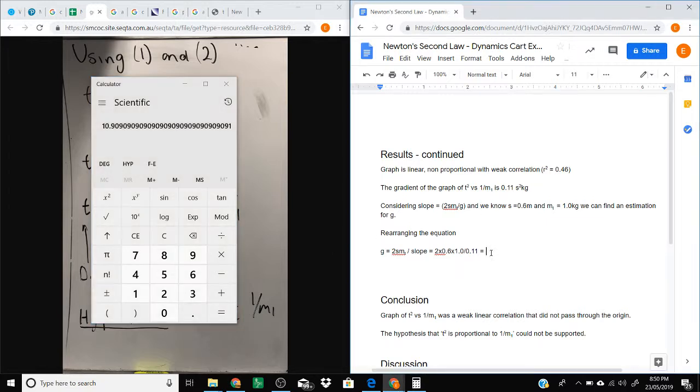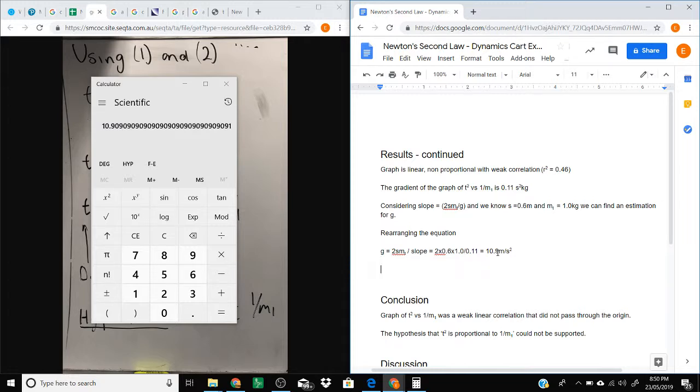I get a gravitational acceleration of 10.9. I'll just round it there. This was a 2 significant figure value, so if I was consistent, I'd round that to 11 meters per second squared. Okay, that is my gravitational acceleration according to this, at least in the order of magnitude.